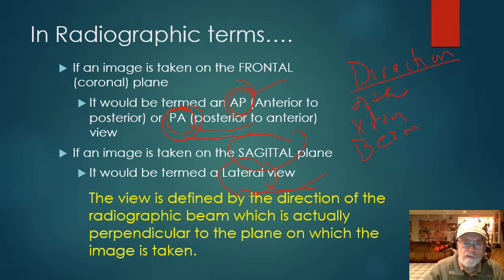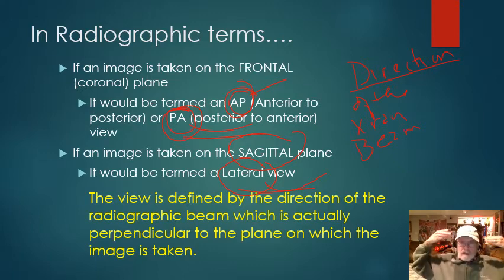Okay, so the view is defined by the direction of the radiographic beam, which is actually perpendicular to the plane on which the image is taken. Okay, hopefully you've been able to follow that. So in other words, if the image is taken on the frontal or coronal plane, which is again dividing front to back, you take off that whole front and you see what's left.